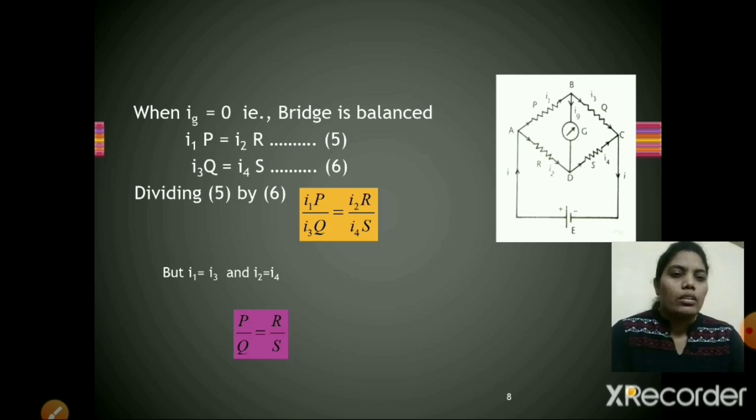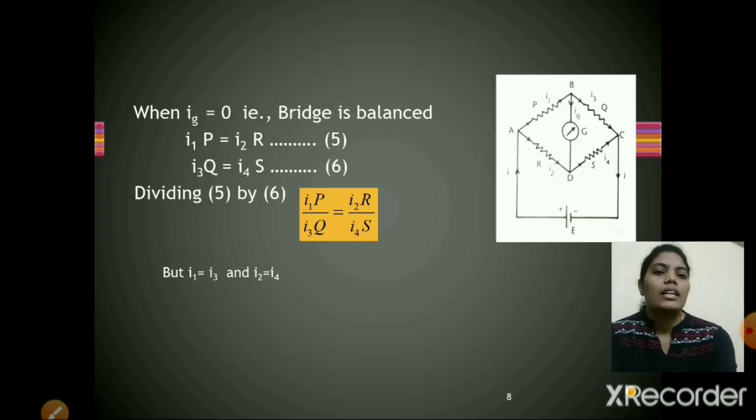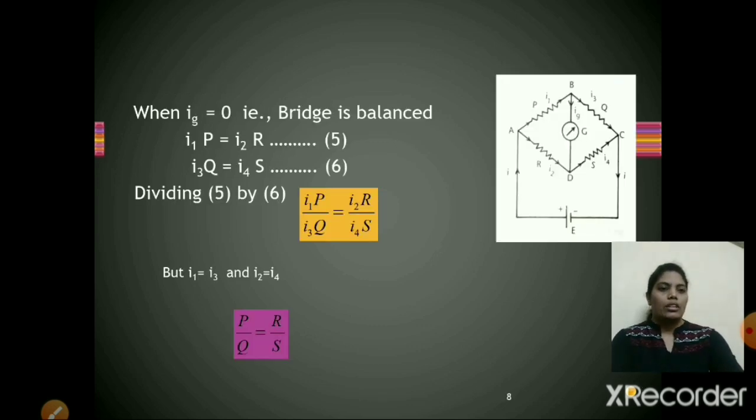Now we can cancel both I1s on the left-hand side and both I2s on the right-hand side. What remains is P by Q equals R by S. This is known as the balancing condition of the Wheatstone bridge.